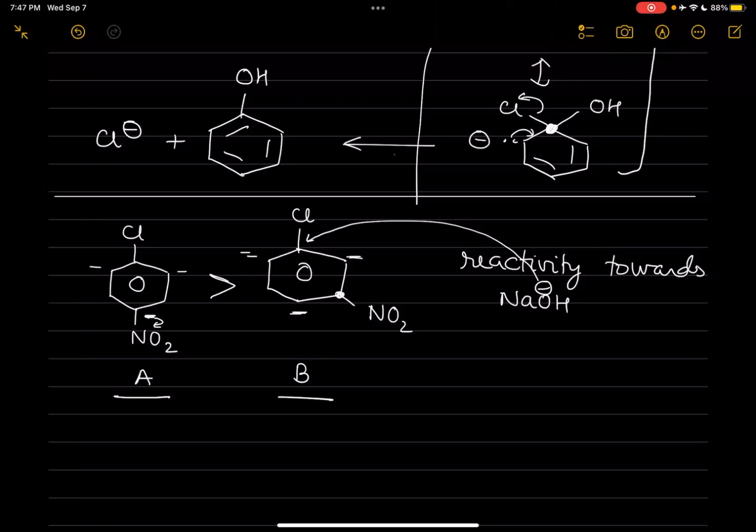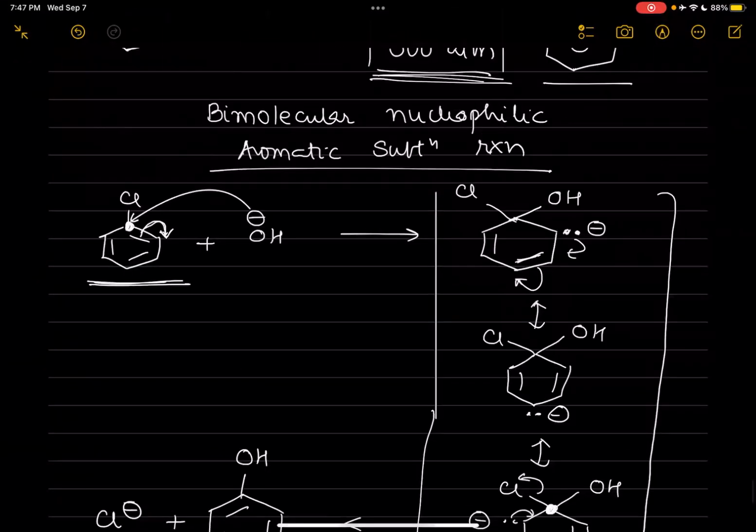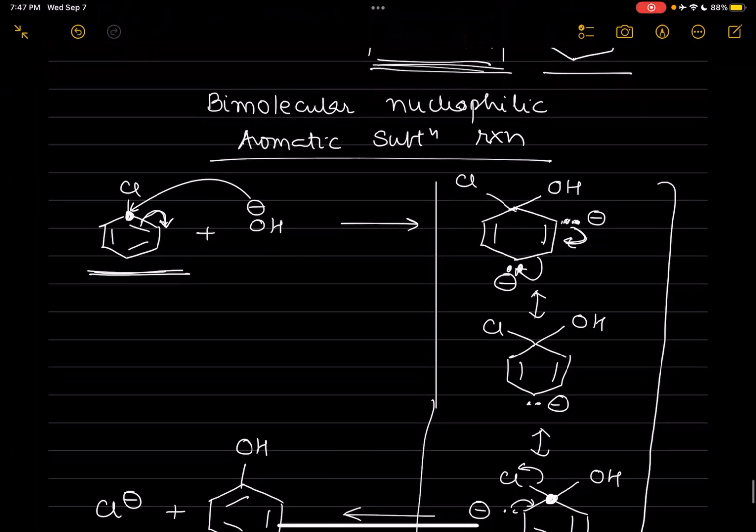It will directly come at the para. Why will it come at ortho and para? Because once you move this, these two electrons try to form a bond here, and because they are trying to form the bond here, I need to push away the bond which is already there to the next carbon. That's how it happens. Is it clear?